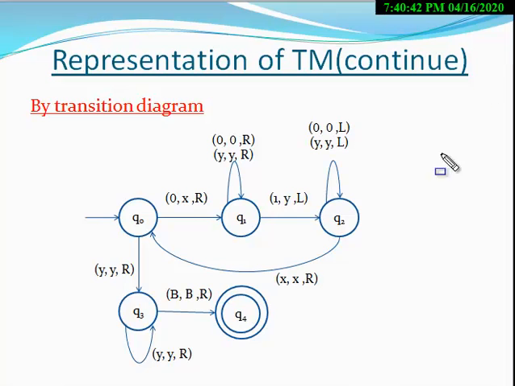So here we will apply the processing or the working corresponding to this Turing machine. This Turing machine was described in the previous lecture, so everything will be clear to all of you. Here we will discuss the processing or the working of a Turing machine.